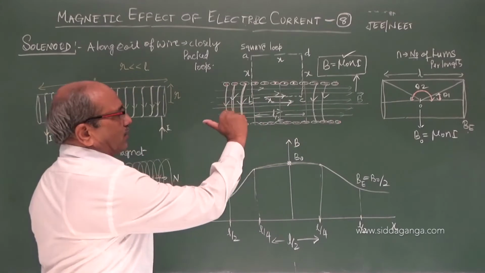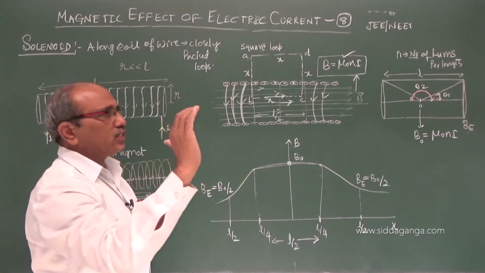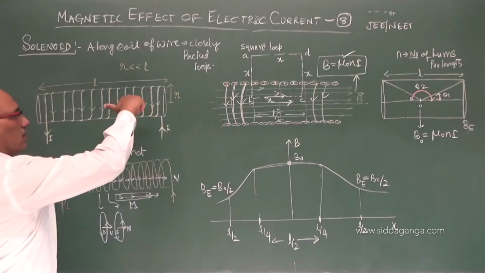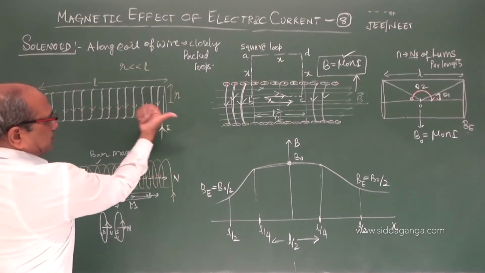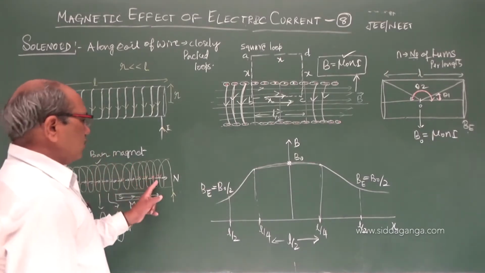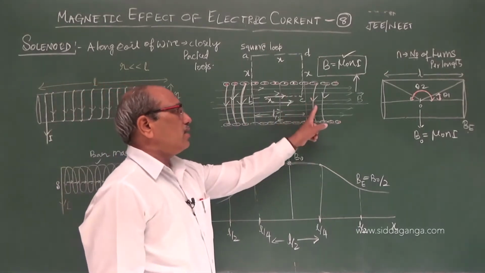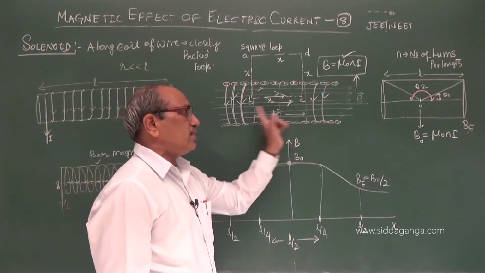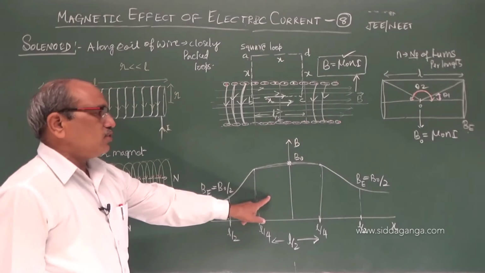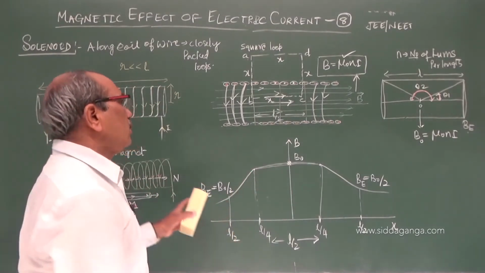For direction, follow your right hand thumb rule. Fingers represent the direction of current in the turns, and the thumb represents the direction of the magnetic field. Every turn produces a magnetic field, and the vector sum gives a powerful uniform magnetic field inside it. The graph shows how the magnetic field varies within the solenoid.